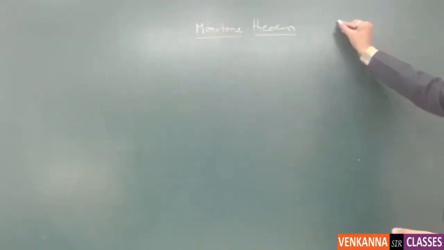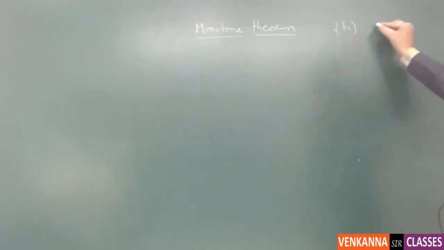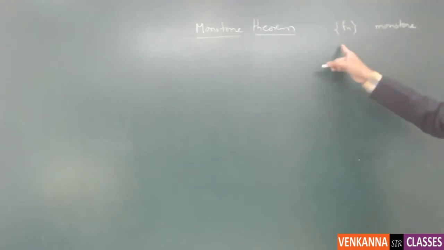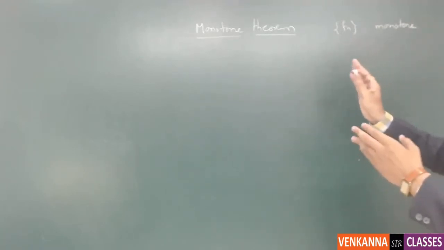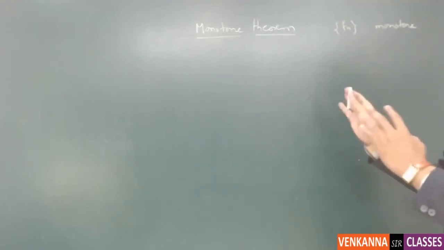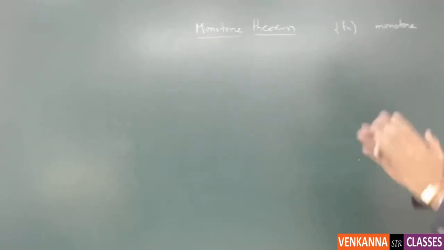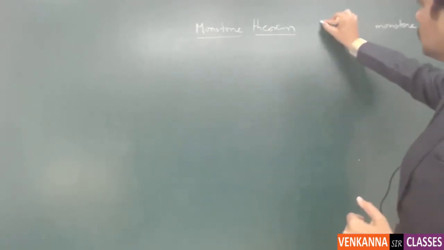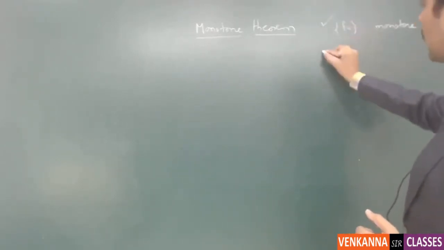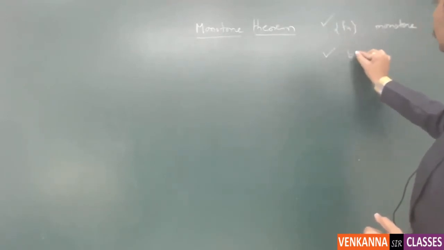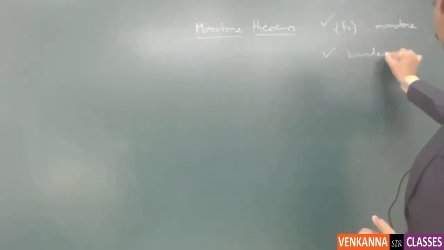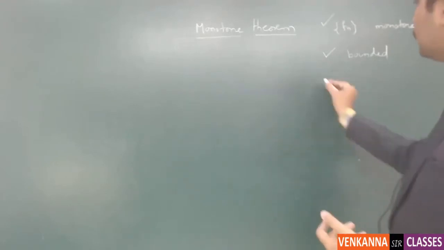So you take a sequence Fn which is a monotone sequence. It means that Fn is either an increasing sequence or a decreasing sequence, whatever the case may be. And if you say that the sequence is monotone and the sequence is bounded, then it becomes convergent.